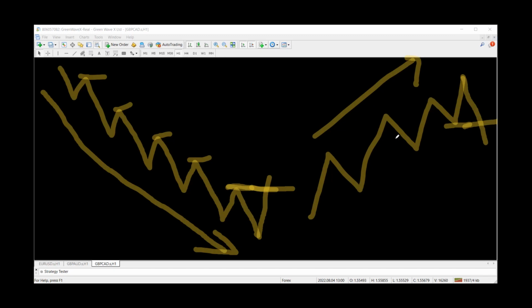Don't worry, we're going to talk about the meaning of those weaknesses and what we're going to do with them. We're still trying to put in some foundation, some definitions that we can build on later. So at least you know what impulses and corrections are, and you know that they make up the trend.